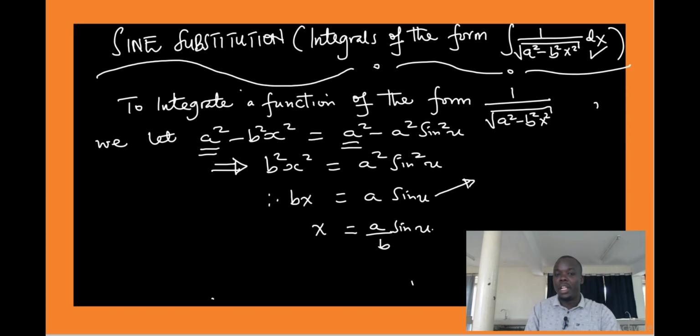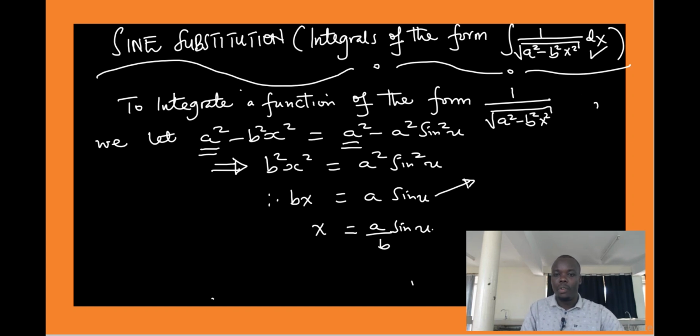Then you compare. By comparison, a squared cancels with a squared, the negative cancels with the negative, and you remain with b squared x squared equals a squared sine squared of u. Then when you take a square root on both sides, you get bx equals a sine of u, and when you make x the subject, x becomes a out of b sine of u.